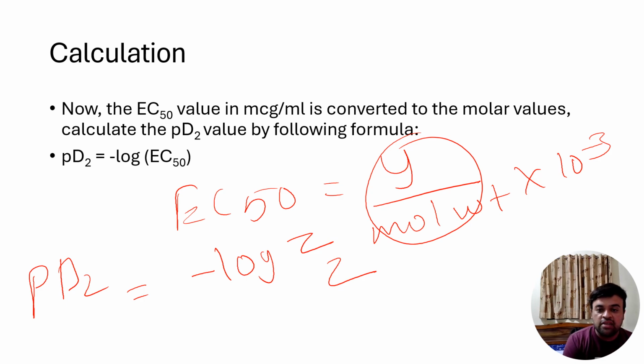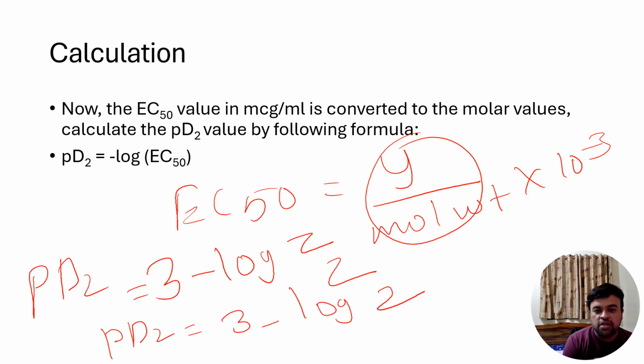We have to take this minus 3 to this side. So the final formula for the pD2 becomes 3 minus log of Z.